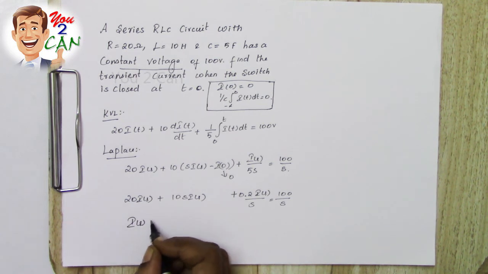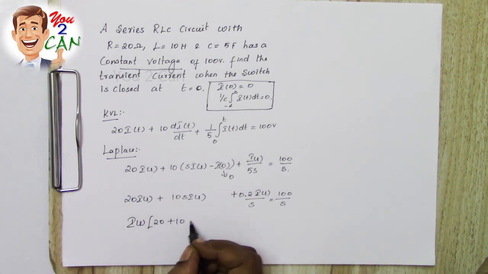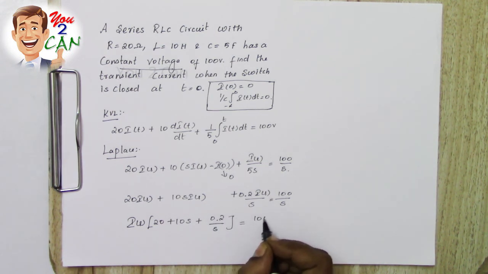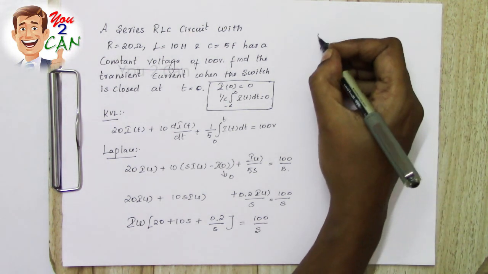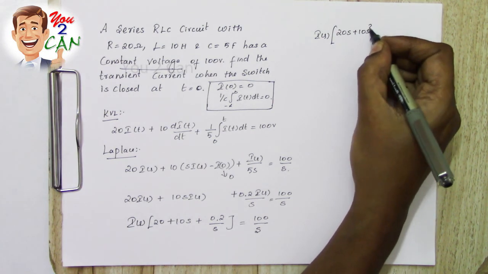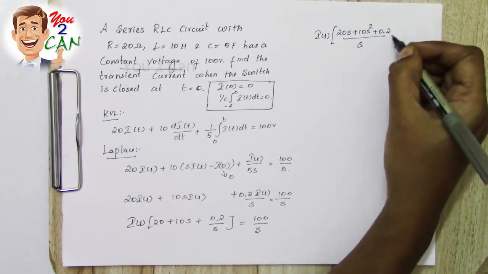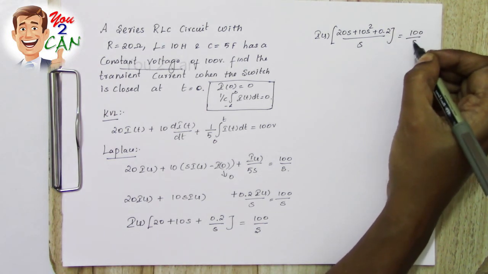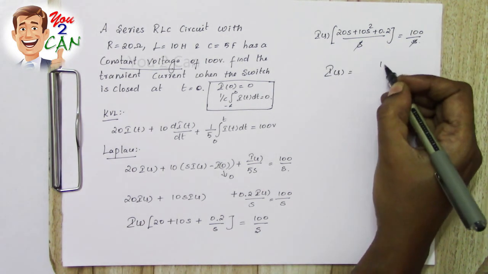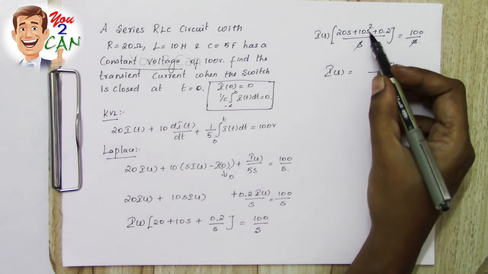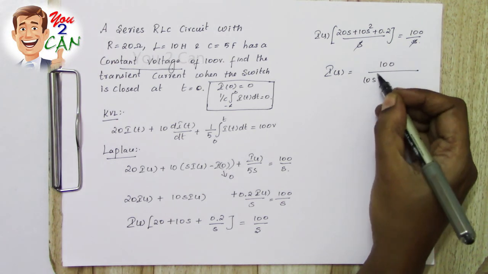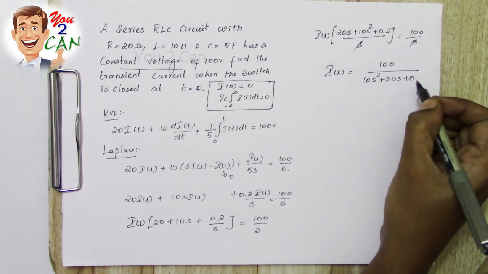Take this I(s) common outside, that is 20 plus 10s plus 0.2 by s, equal to 100 by s. So I(s) into 20s plus 10s squared plus 0.2 by s will be equal to 100 by s. This s gets cancelled, so I(s) is equal to 100 divided by, arranging in powers of s, 10s squared plus 20s plus 0.2.